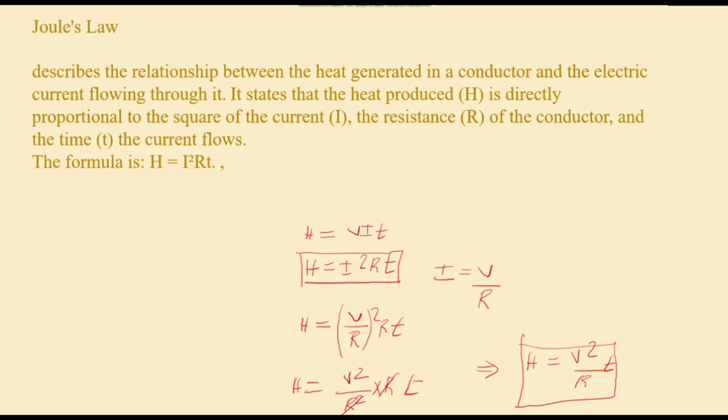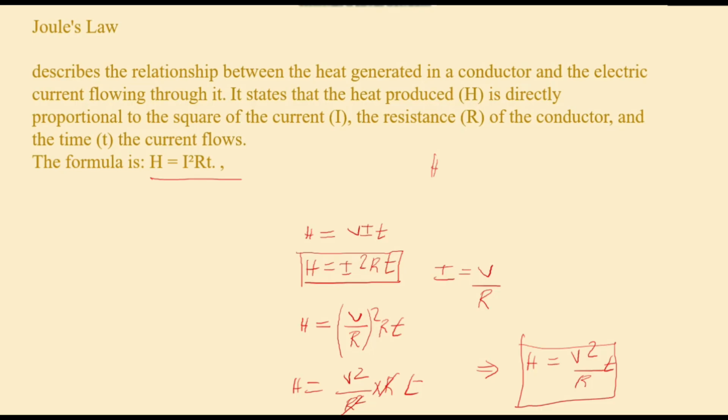He says that when an electric current flows through a conductor, the heat produced is directly proportional to the square of the current I, the resistance R of the conductor, and the time T for which the current flows.